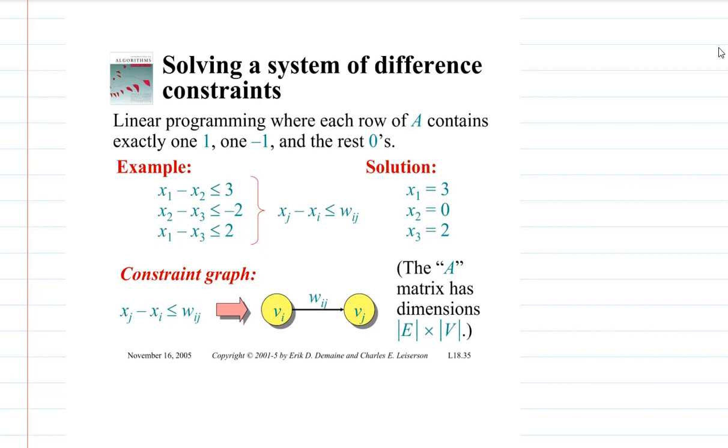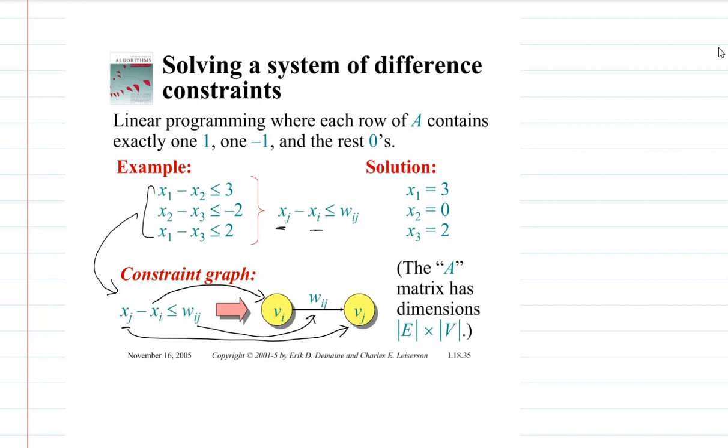So let's say I transform my system of difference constraints into a constraint graph, in which all these constraints in the form xj minus xi less than or equal to wij can be transformed into this form. xj corresponds to vj, xi corresponds to vi, and wij is the edge weight between these two nodes, right?